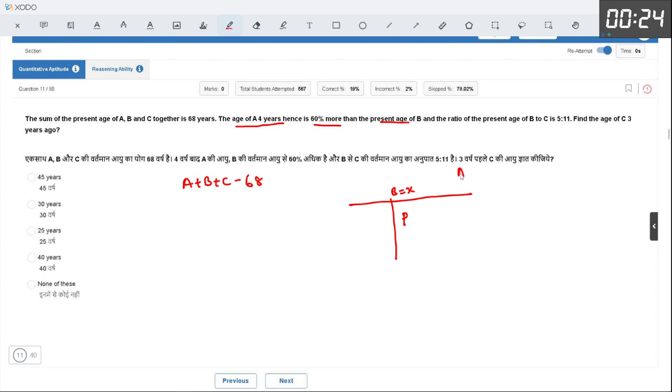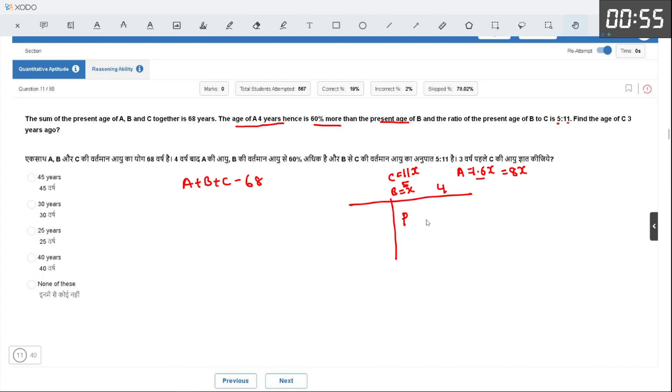That means age of a after 4 years is 1.6x. In order to eliminate this 1.6, you can take 5x. So 1.6 into 5x means 8x, a becomes 8x. The ratio of ages of b to c is 5 to 11, then c we can write as 11x. 5x, 11x. Find the age of c 3 years ago.